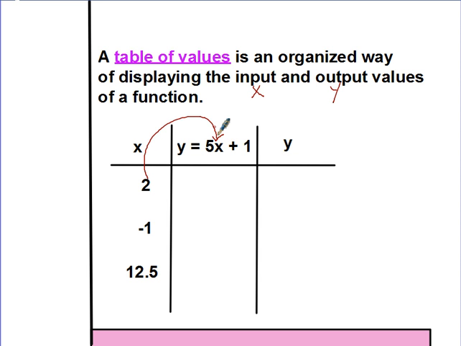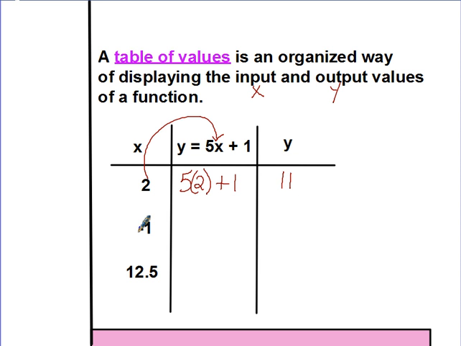So let me go ahead and give you an example here. 5 times 2 plus 1. What that's going to do is it's going to create your output. 5 times 2 is 10 plus 1 is 11. So notice I'm putting in my independent variable, my input, and I'm getting back out my dependent variable, my output.